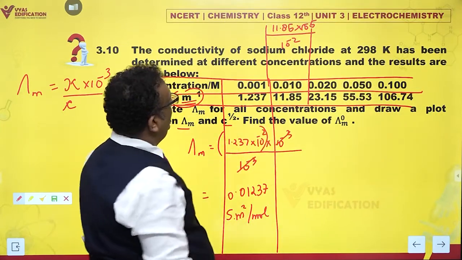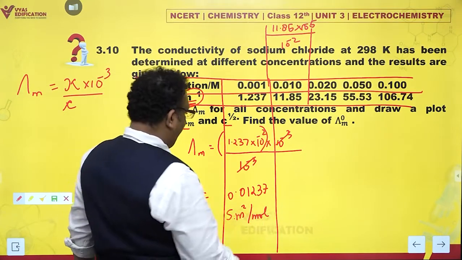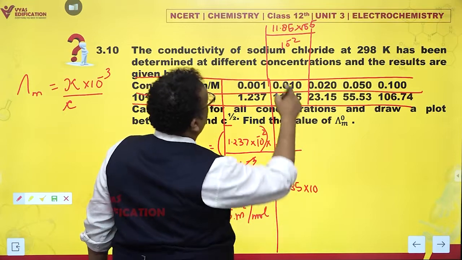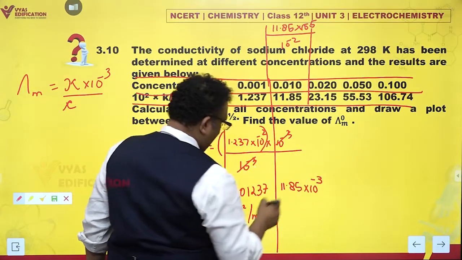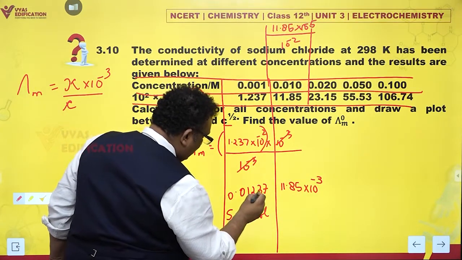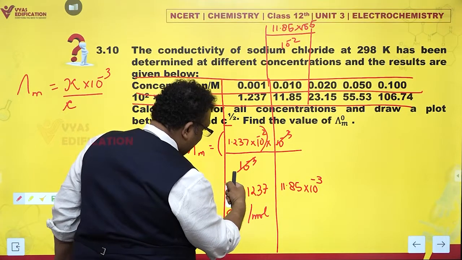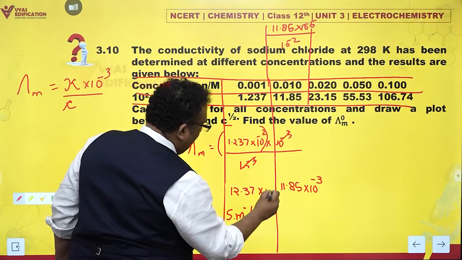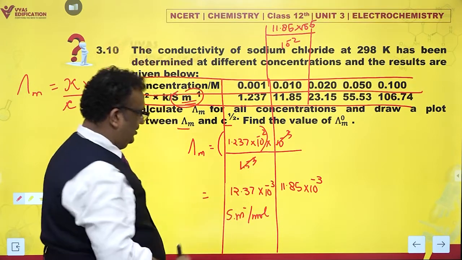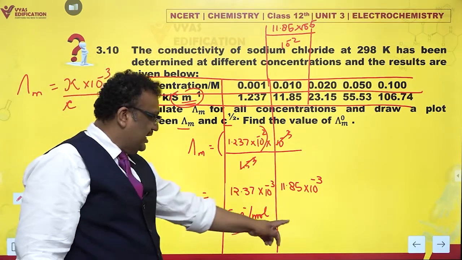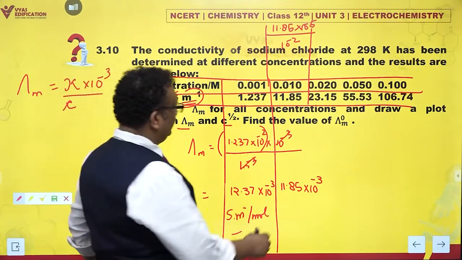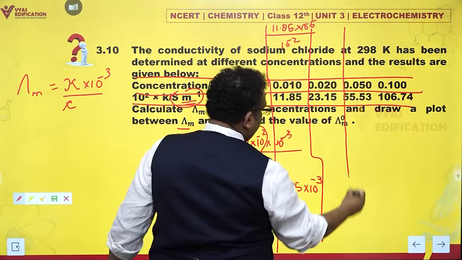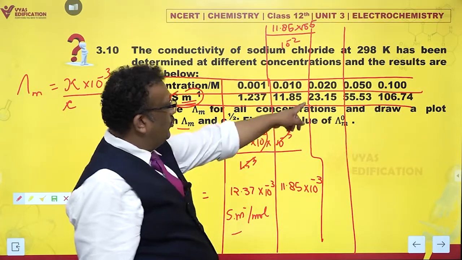How much would that be? That is 11.85 into 10 raised to minus 3. And how much is the first one? This is 12.37 into 10 raised to minus 3. Units are same, Siemens meter square per mole. This much.